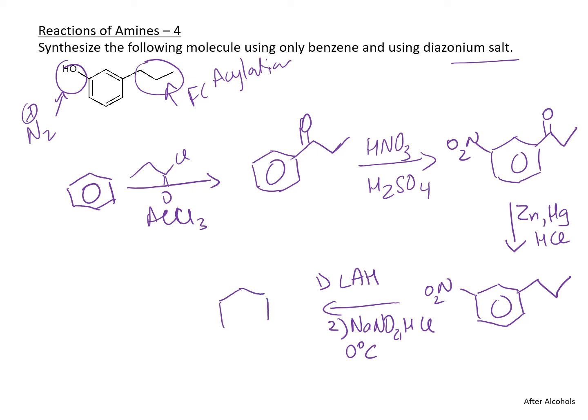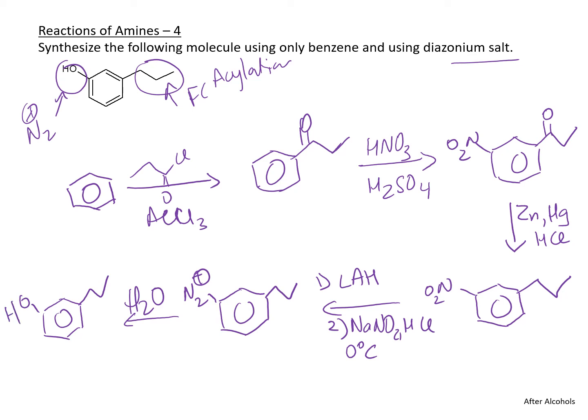So my diazonium salt is going to form using those two reactions. After LAH, I will get the amine, right? And then with the amine, I can do the diazotization. After that, all I have to do now is add the water. Once I add water to it, I will get phenol from there.